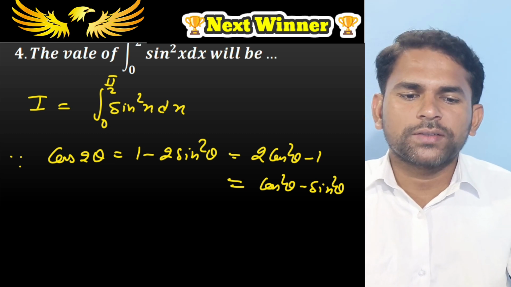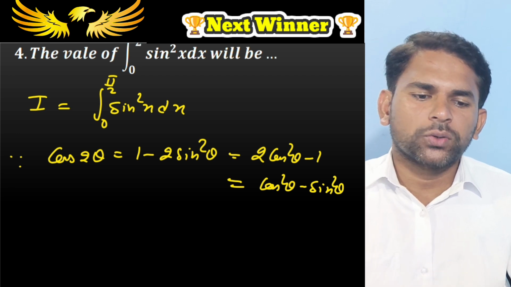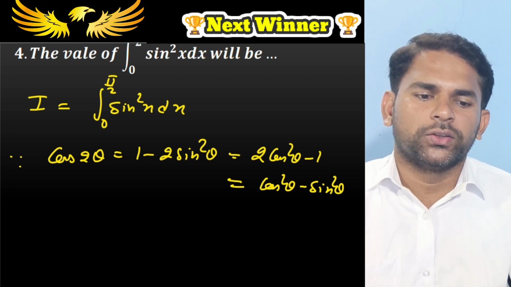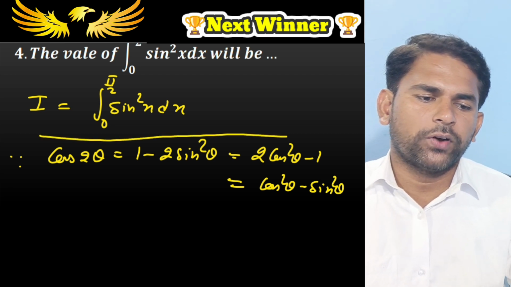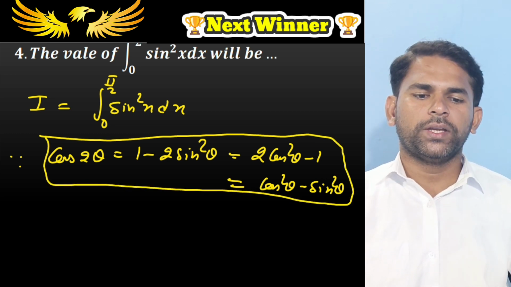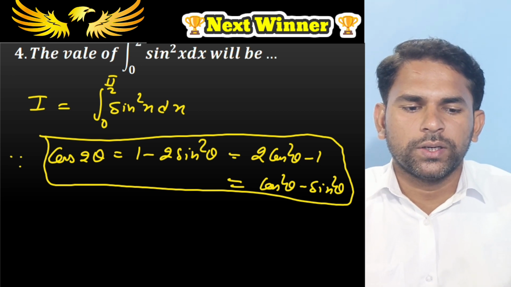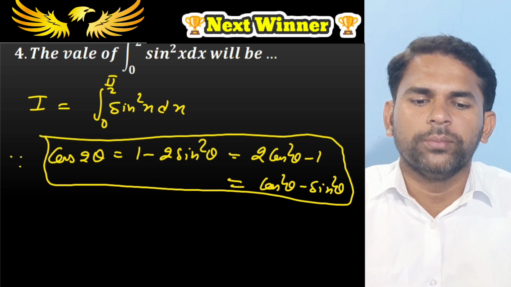But we need only the sin square form formula. So we need 1 minus 2 sin square theta. This is a complete formula, and according to the condition we will find the value, but what we need is sin square x. So sin square x form needed means we need sin square theta, which we can find from here.